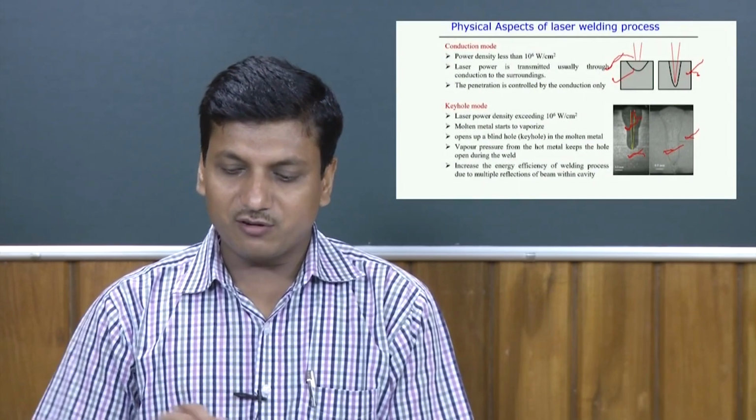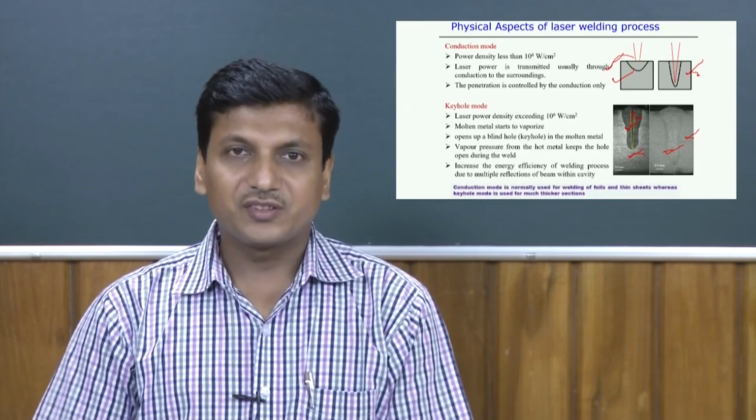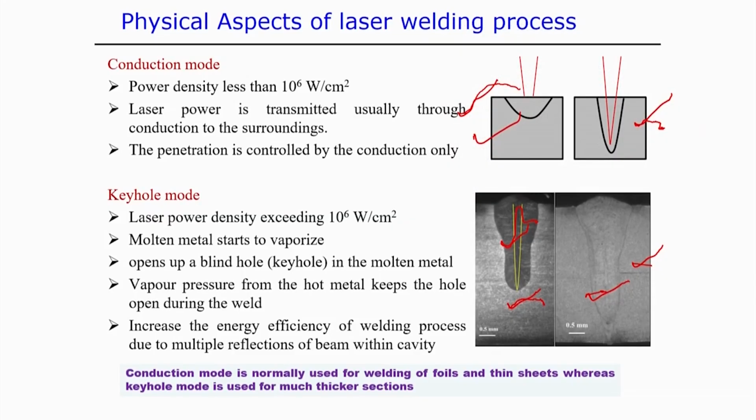But in the micro welding sense, conduction mode is normally used, because in micro welding we handle very thin sheets, maybe less than 500 micrometer or around 100 micrometer. So, in that case probably there is no requirement of keyhole mode laser welding.